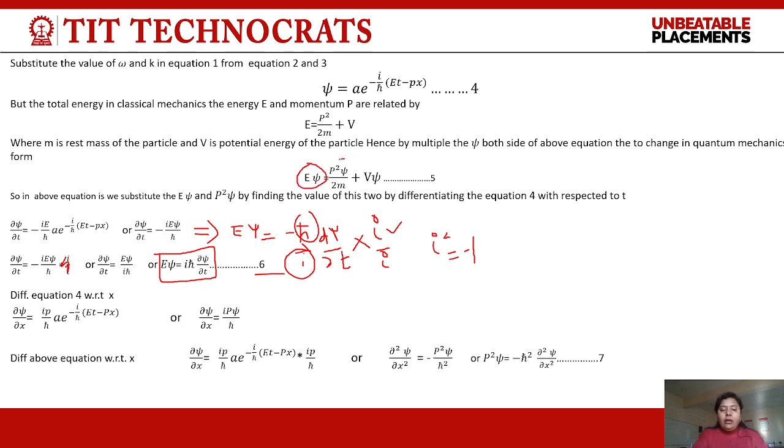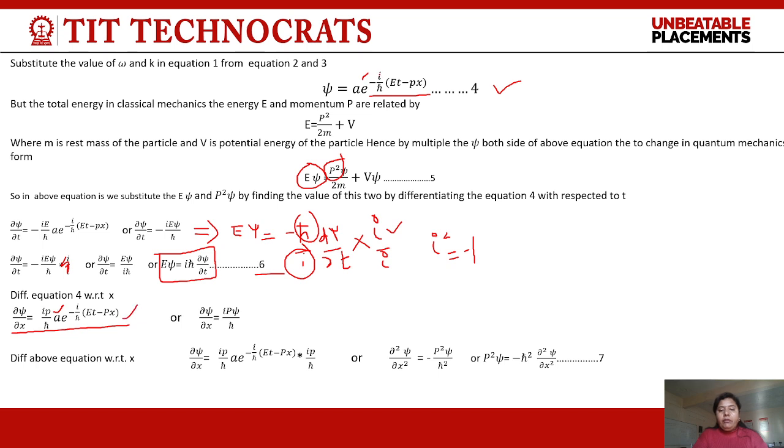Now again I need the value of p square psi. So for p square psi, I again differentiate equation number 4 with respect to x. When I differentiate equation number 4 with respect to x, a is as it is, and differentiating e raised to power minus i h cut (Et minus px), we get this same term here.